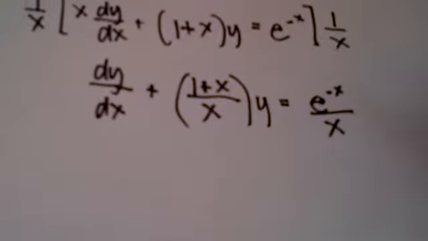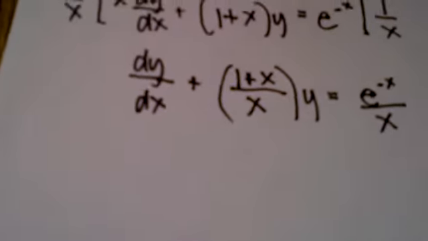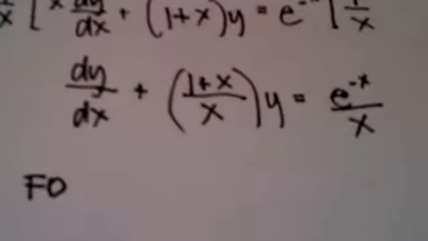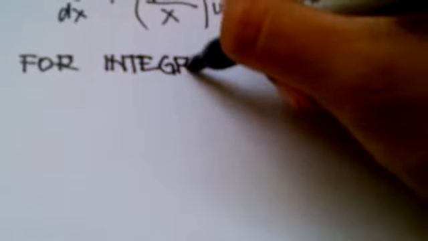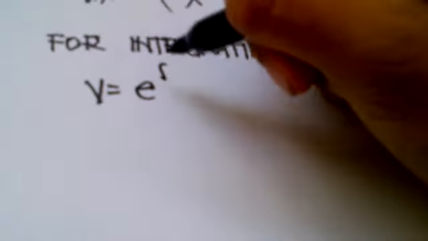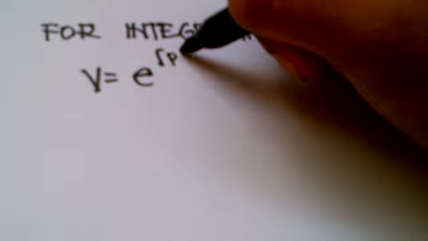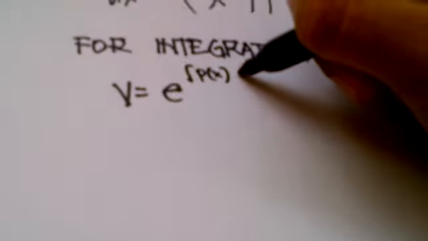So the next step is finding an integrating factor. For the integrating factor, v is equal to e to the exponent of the integral of the function p in terms of x dx.